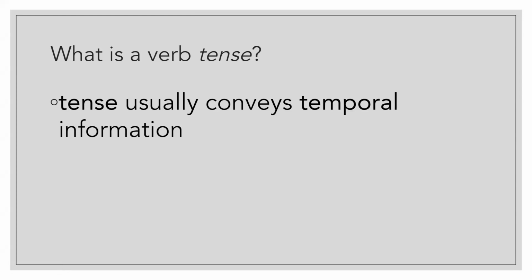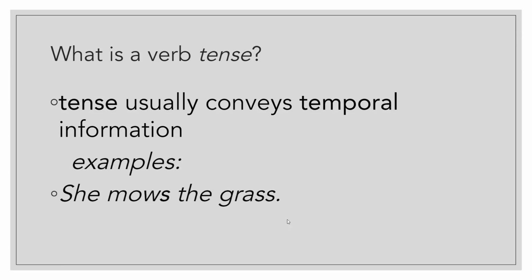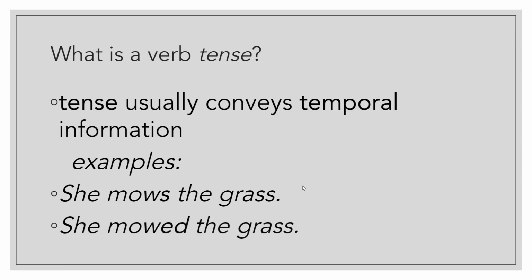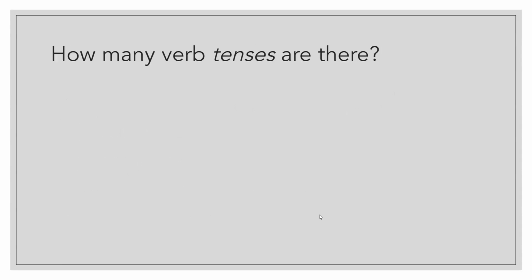We change the form of the verb to indicate when that verb happened. In English, for example, she mows the grass. If I see that S with he, she, or it, I know that's present tense. I'm talking about now, usually. If I see a D or ED at the end of a verb, usually that's going to tell me that's past tense. Again, the word itself changes. We add suffixes to the word.